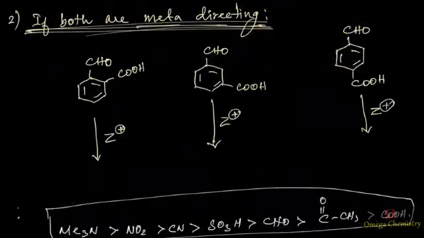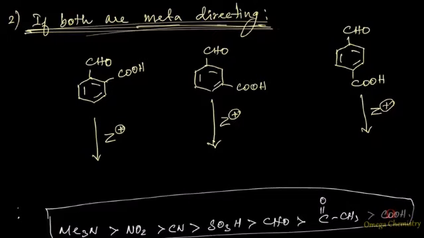So if both the groups are meta directing, then it is very difficult to introduce a third group in the benzene ring. The directing power of each group generally follows this order, which I have given here. Trimethylamine is much greater than NO2 group, then cyanide, then SO3H, then aldehyde group, then acetate group, and then finally COOH. The important point to note is that here the less powerful group will control the orientation.